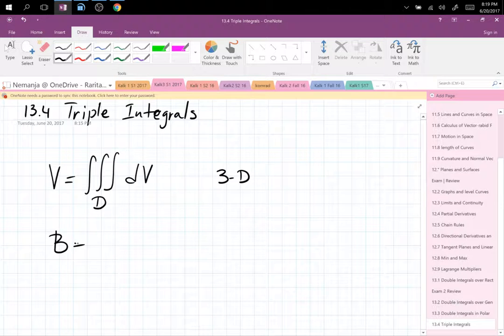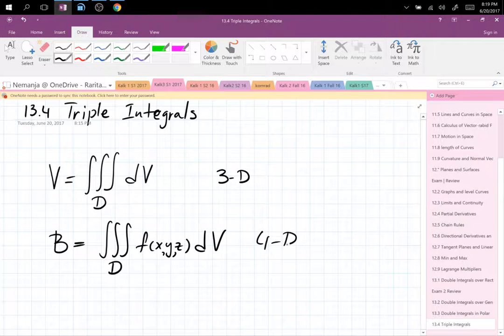Or we can have a triple integral over region D where you have some function in there, which would bring us into the fourth dimension, because again 3 integrals dx, dy, dz will bring 3 spatial dimensions, and then you might have temperature or density or something inside the integral, which we are going to use tomorrow for the center of mass.